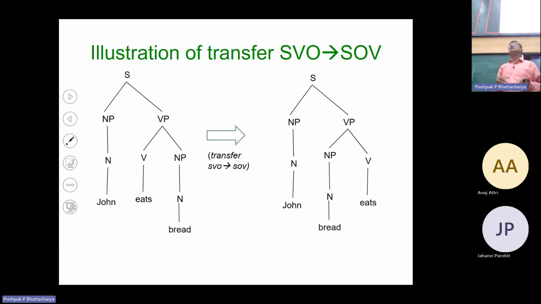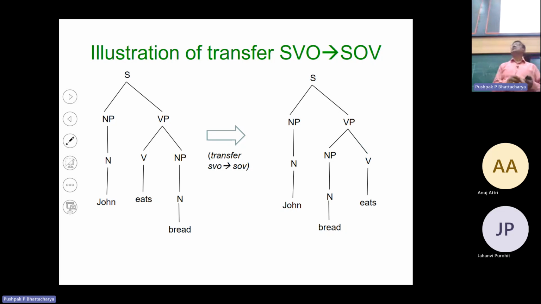Won't the alignment be easier if there is positional correspondence already? First position goes to first position, second to second, third to third, and the alignment is automatically achieved. So if the target language sentence order is the same as the source language sentence order, the alignment becomes accurate and easier.